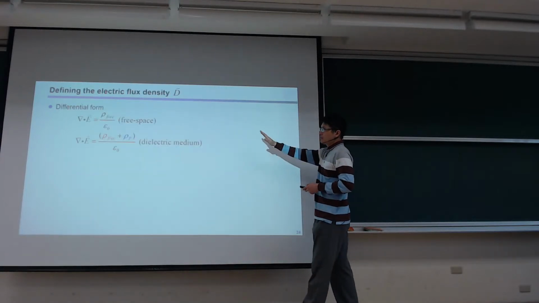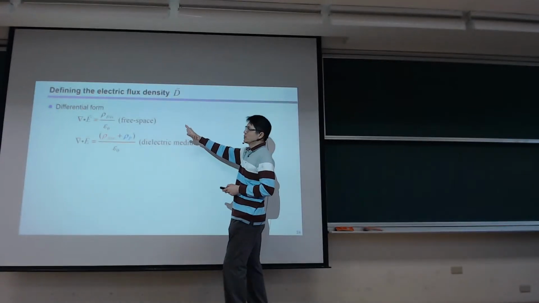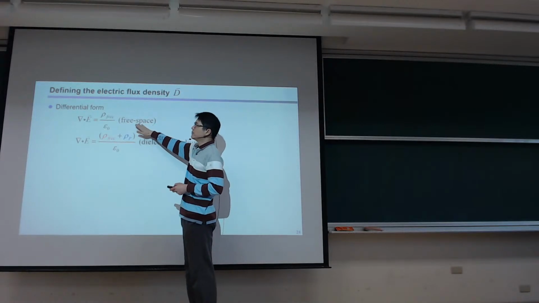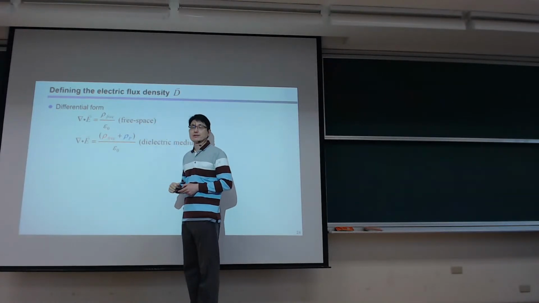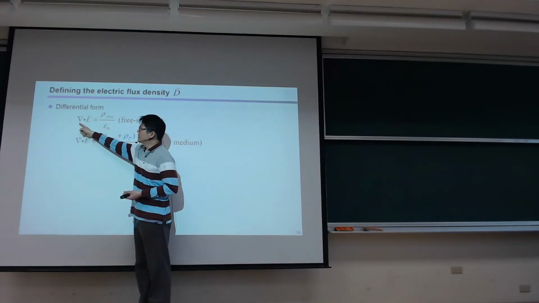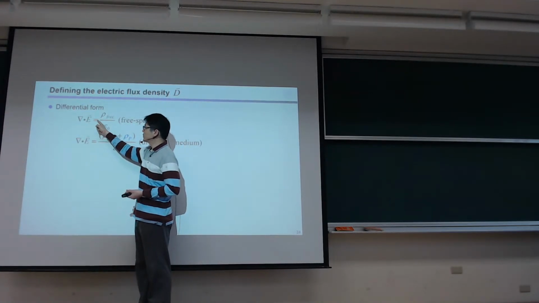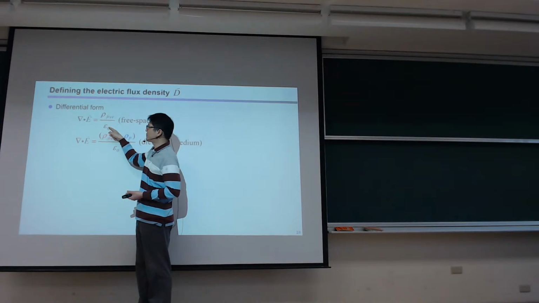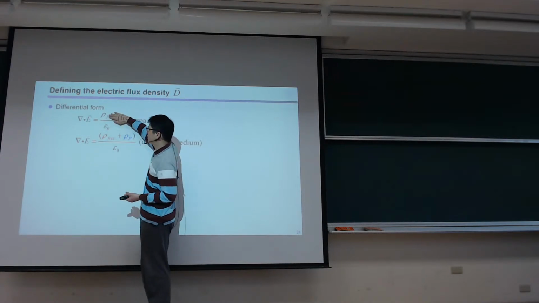Let's come back to the very first fundamental postulate when we talked about E field intensity. We first talked about the divergence of E being equal to rho divided by epsilon 0, right?